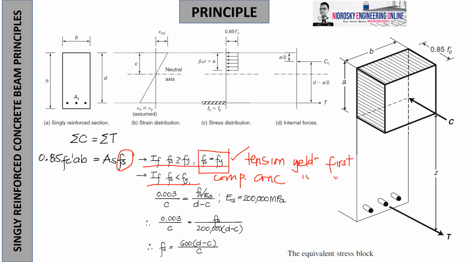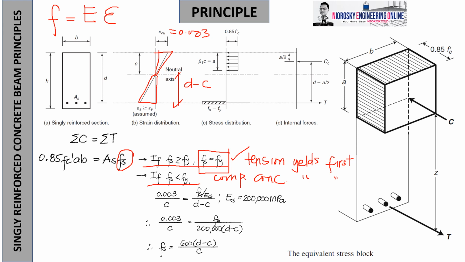Okay? Now, i-understand natin yung stress block. Don't forget that this is 0.003. Okay? There's linearity. So, mangyayari, this would be d minus c. And then we know that in our stress analogy, or simply general stress equation, F is equal to modulus multiplied by the strain.